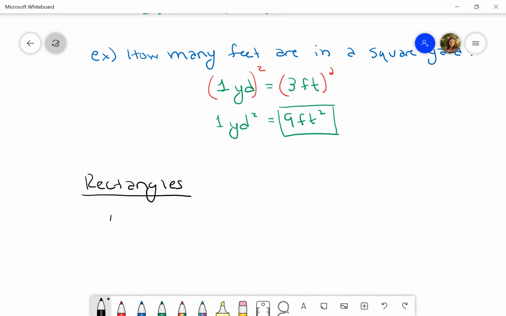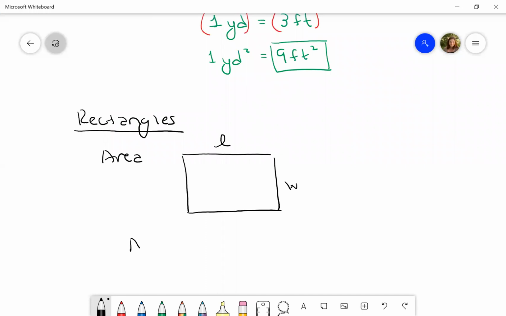So the area for a rectangle is the length of the rectangle times the width. Or L times W. Or if you're really feeling lazy, a lot of people just write LW and don't even put the times symbol between them.